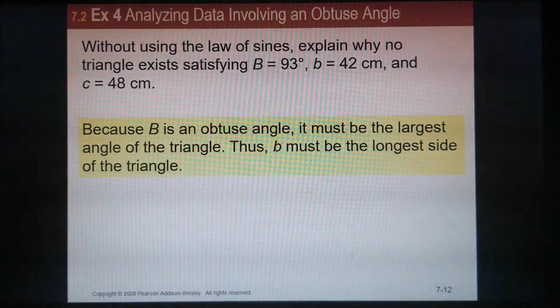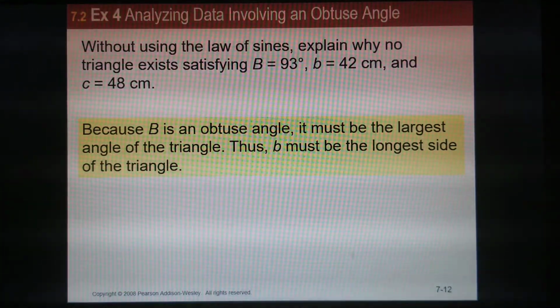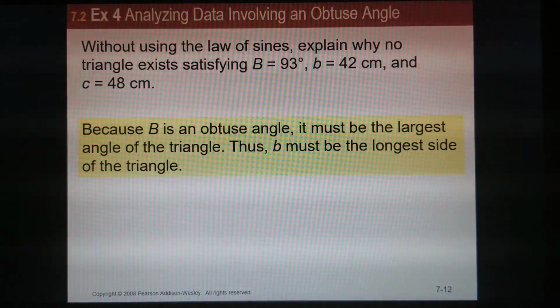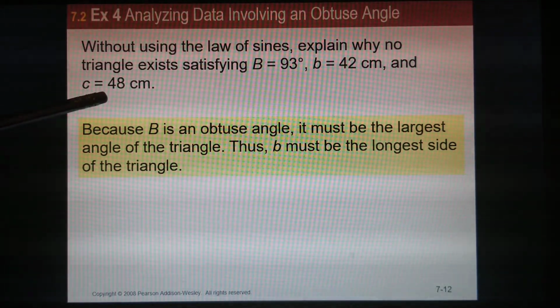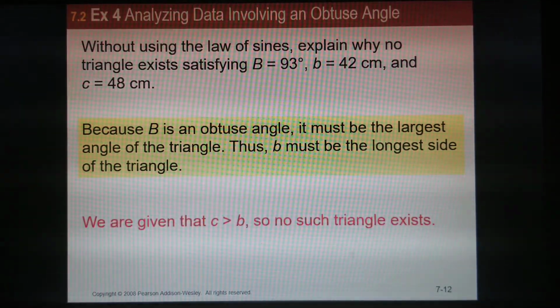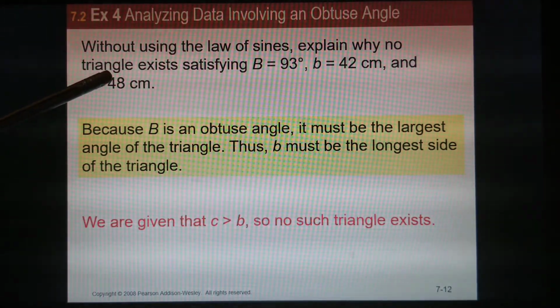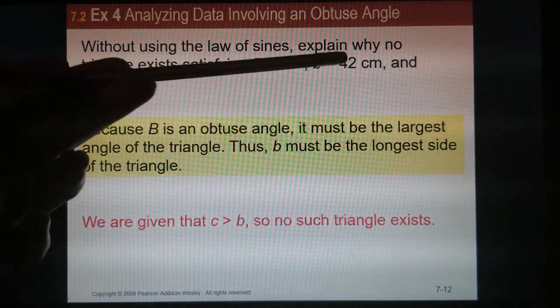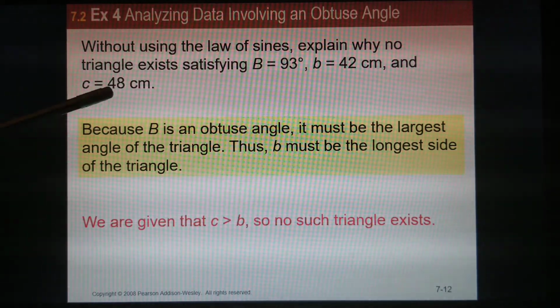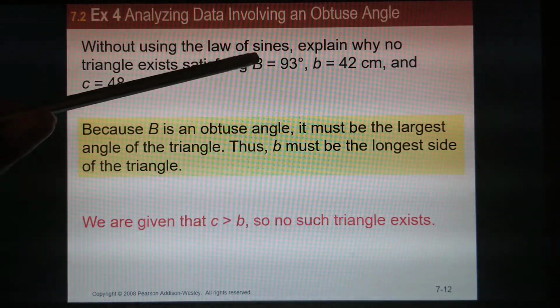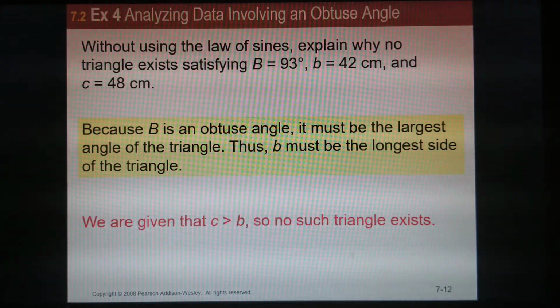So when I have that 93-degree angle, that means side B had to be the largest side. But side C was my largest side. So there's no way angle B could have been 93 degrees. Again, side C was the biggest, therefore angle C had to be the biggest in this case, comparing the two angles. And since angle B was already 93 degrees, I can't have a triangle with two obtuse angles in it.